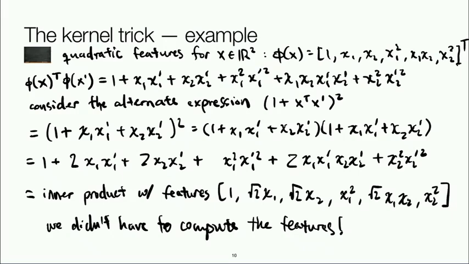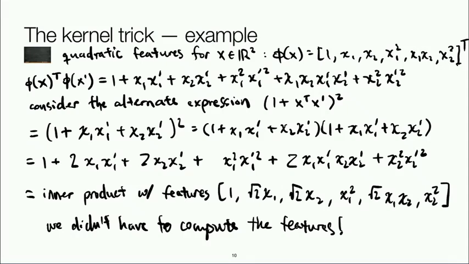I used this expression right here, (1 + x transpose x prime) squared, which operates in the original d-dimensional feature space. And as it turns out, that expression corresponds to a quadratic featurization. It has a couple of root 2's thrown in there, but we don't really care about those. What we care about is the fact that we get our quadratic features that we wanted.